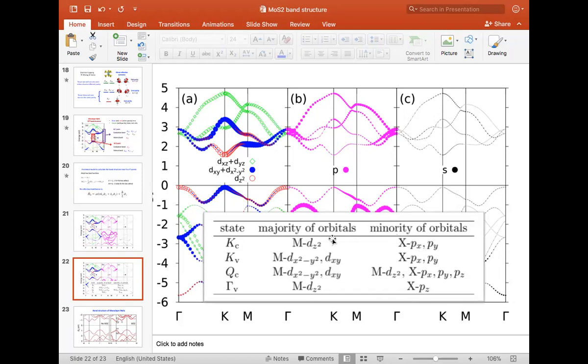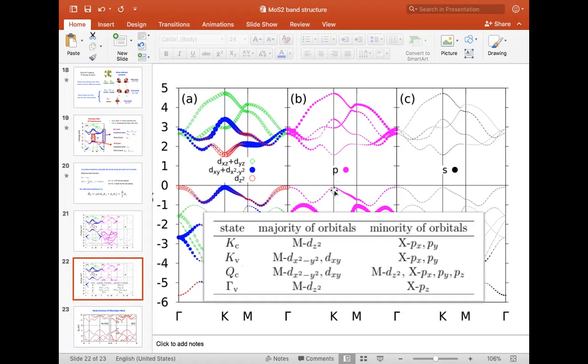But for the valence band, these are the m equal to plus and minus 2. This is the majority orbit, and the minority. You also have the p orbit. You see from here, you still have some. But since you already have a big spin orbit coupling splitting here, this minor contribution doesn't seem to be significant.